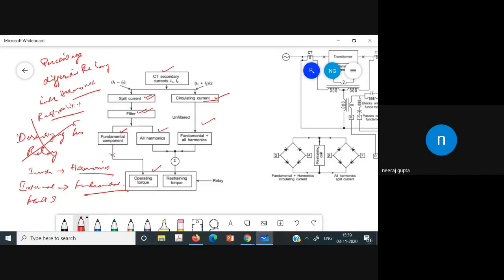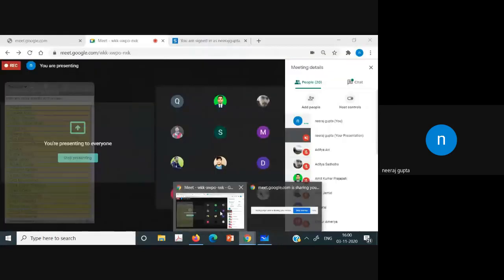So the non-fundamental component of the spill aids the unfiltered circulating current in developing the restraining torque, and this makes the relay stable whenever we have the inrush current. So this is actually the basic conceptual diagram of that. We will see the harmonic component and then we can take the decision from that.